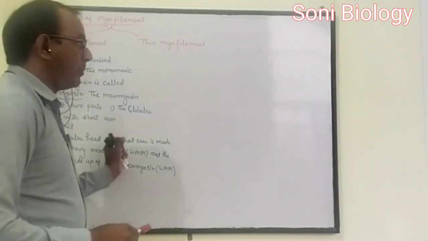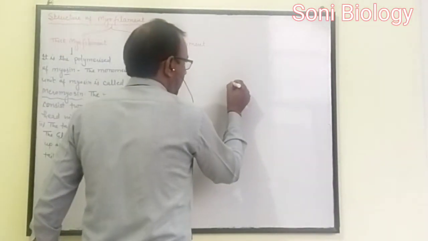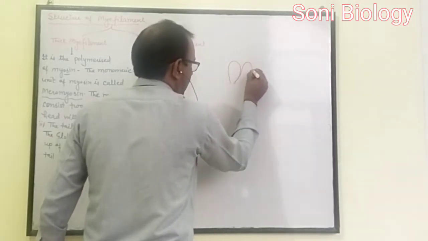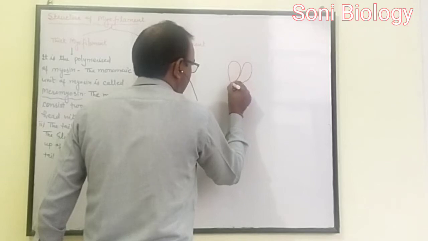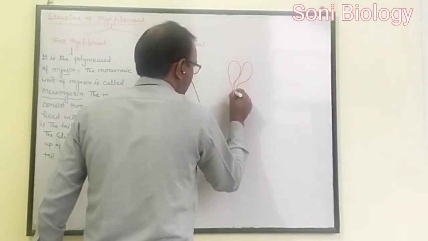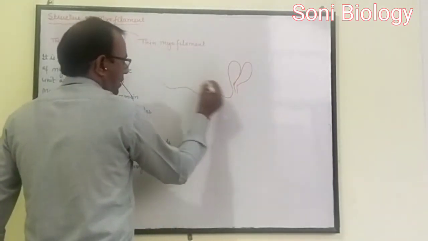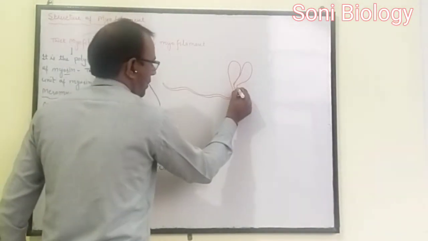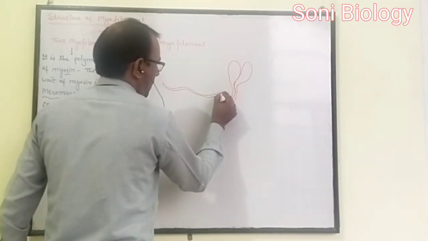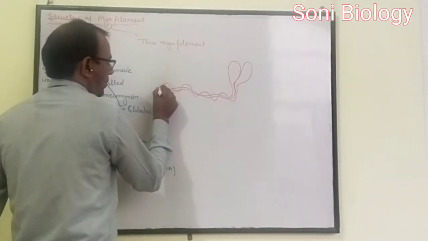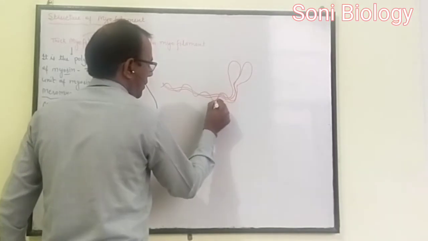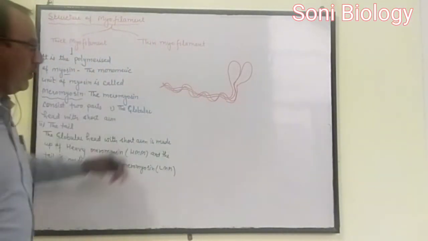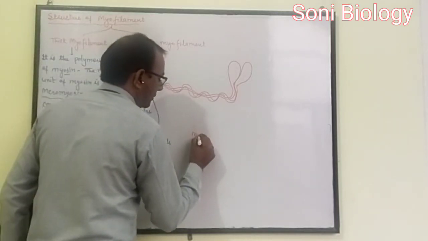Firstly, we draw the structure of meromyosin. It contains head-like structures with a short arm. This is the structure of myosin.